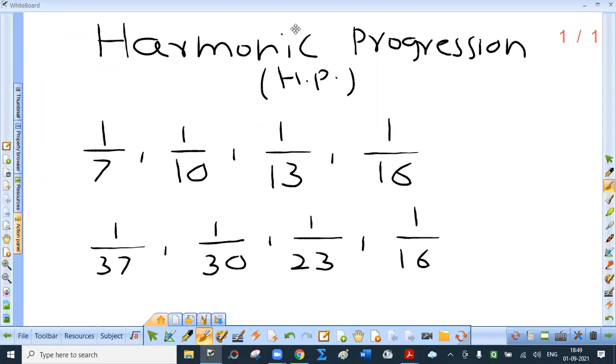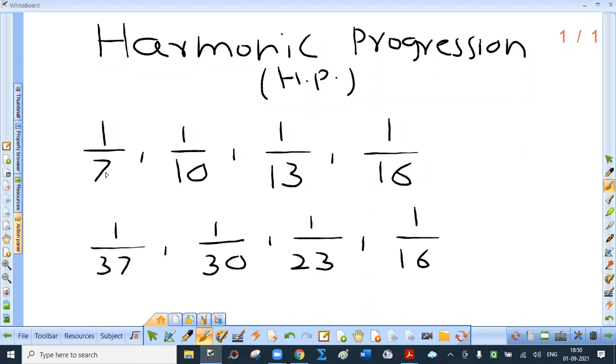Same is the case with these numbers. But you will notice that the next term in this particular sequence is 1 upon 19, right? And in this case, it is 1 upon 9. How? If you consider the reciprocals of these numbers, they will be 7, 10, 13, 16.